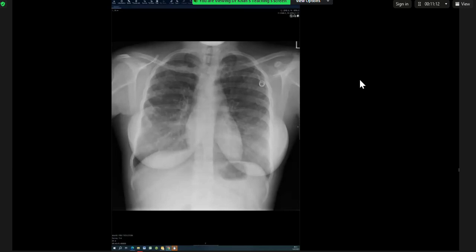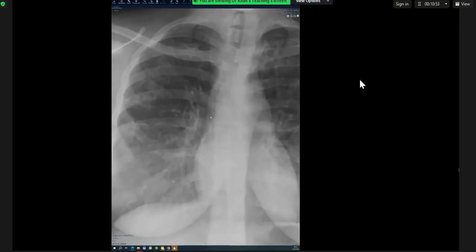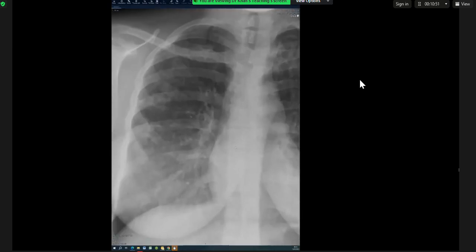So looking at the lungs, I can actually appreciate bilateral tram-track and cystic bronchiectatic changes, most pronounced in the upper and mid zones. In the periphery of the right mid-zone, I can appreciate a focal opacity with central lucency, and I wonder whether that could be a cavitating lesion.